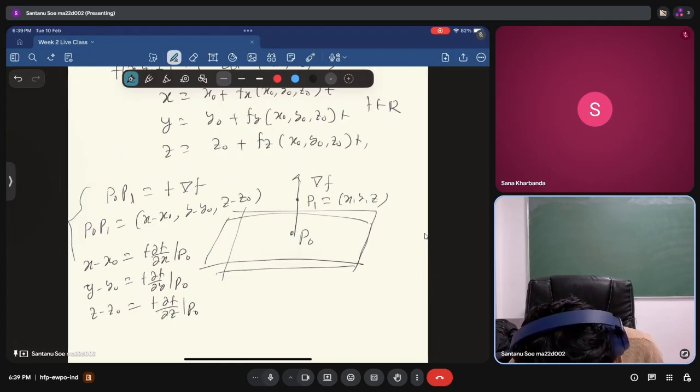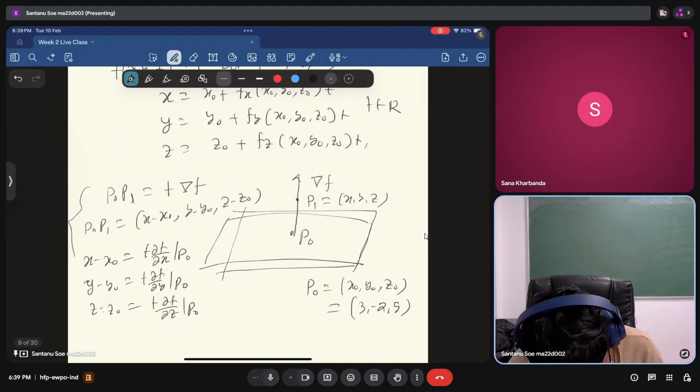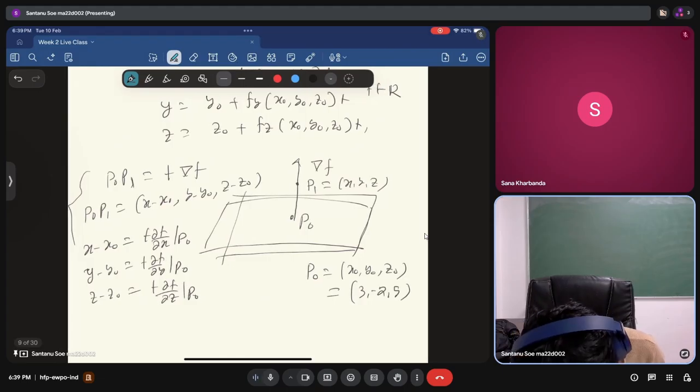Okay. So now if you put all the values, since P0 equals (x0, y0, z0), this is (3, -2, 5). So x will be 3 plus 12 times t. That was our del f del x.